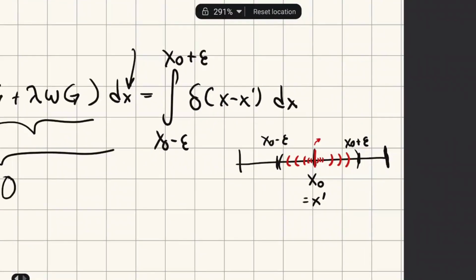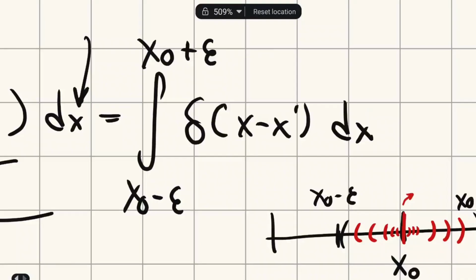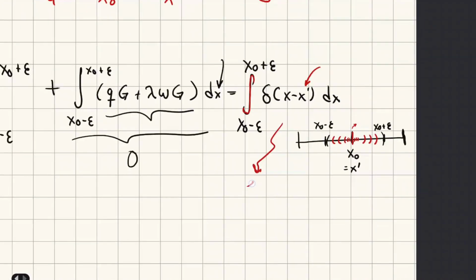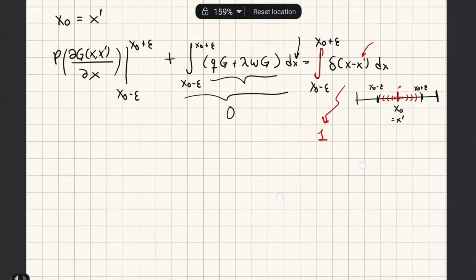So we are taking an integral on an interval that contains this x prime that we have in the Dirac delta. We know that when we have the integral of the Dirac delta on an interval that contains the variable inside the Dirac delta, that integral is equal to 1, right? Okay, so this thing is going to be 1.